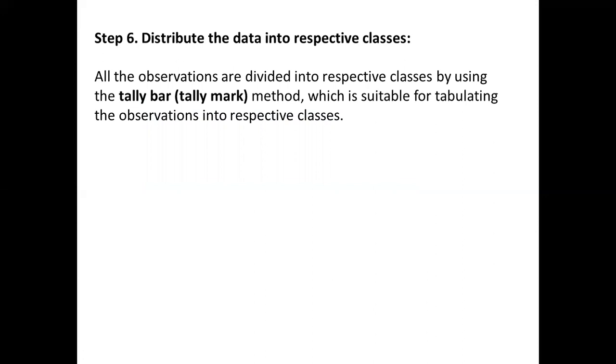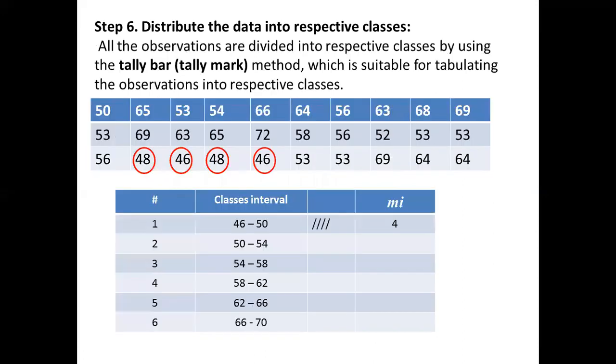The number of tally bars is counted to get the frequency against each class. The frequencies of all the classes give the grouped data or frequency distribution of the data. The total of the frequency column must be equal to the number of observations.